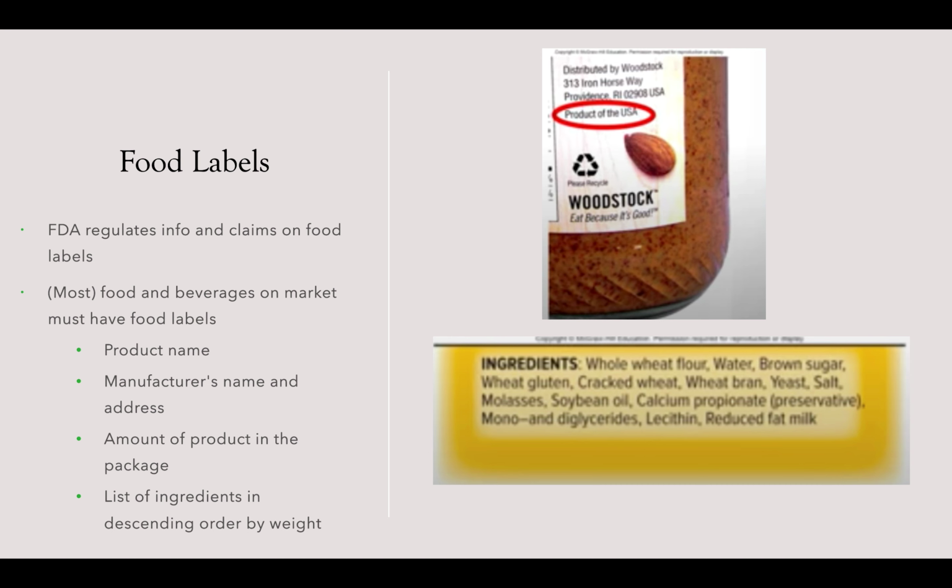So, for example, you can see on this slide, whatever this product is, whole wheat flour is the most abundant ingredient by weight. That will be the first ingredient that you see on the ingredient list, and I have a picture of this. So the second most abundant ingredient is water, then brown sugar, wheat gluten, and down the line from there.